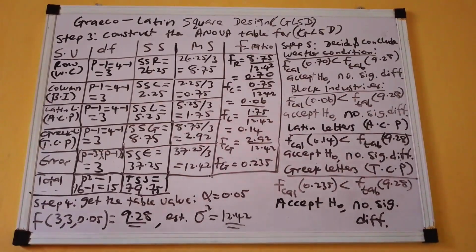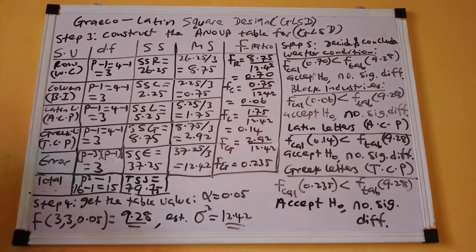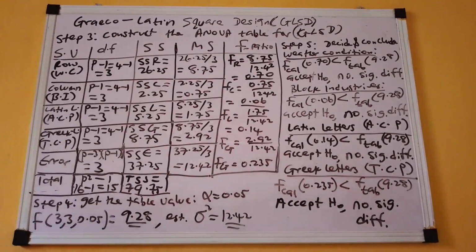So you can see that at each point of the analysis, the null hypothesis is accepted at the 4 various levels. So the Greco-Latin square design is a 4-in-1 test. You can see the 4 decisions. The table value, which is 9.28, is strictly greater than all the F ratios from the 4 different sources of variation.